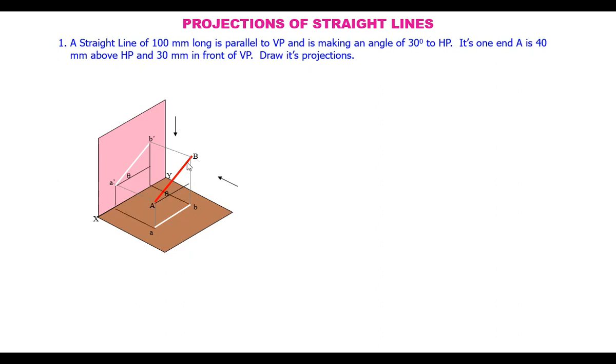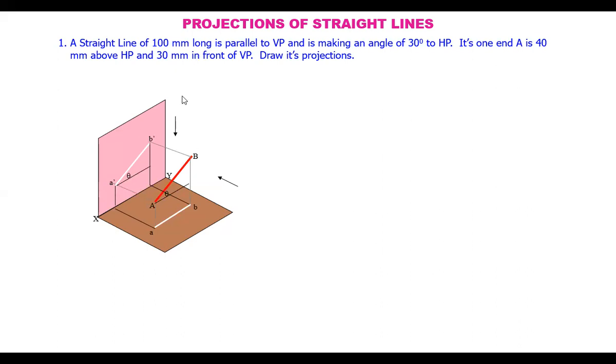Now, draw the projections like this. When it is seen in the front view, its projection is obtained here on the vertical plane. Because this line is parallel to VP, in the front view we get the true length of the line, at theta, that is 30 degrees with the horizontal plane.